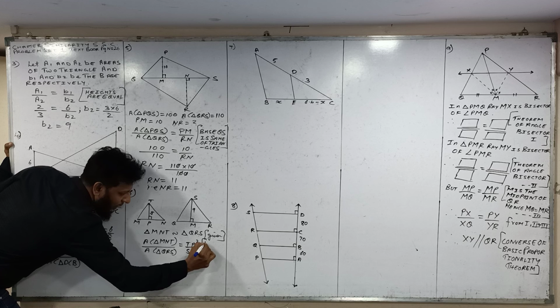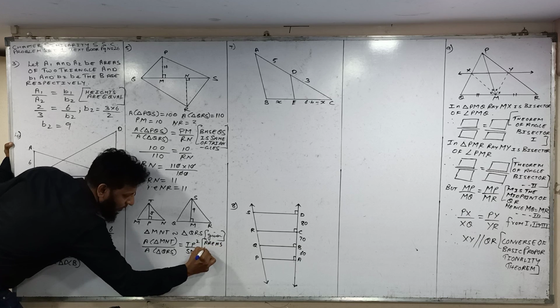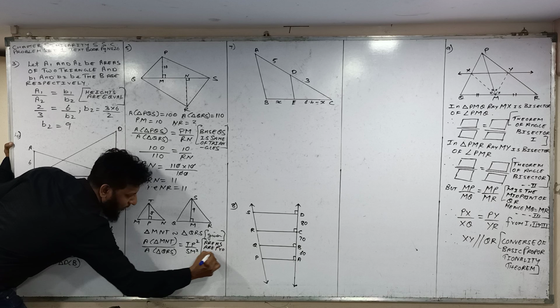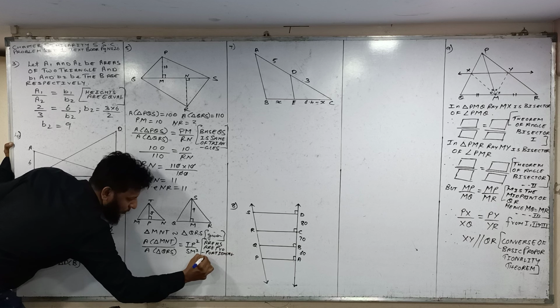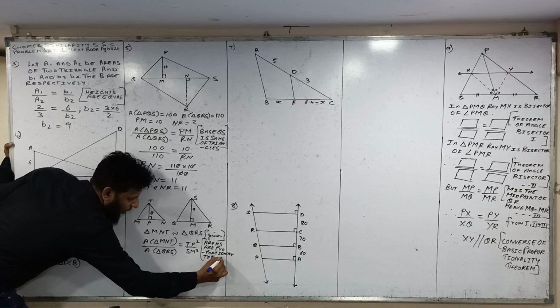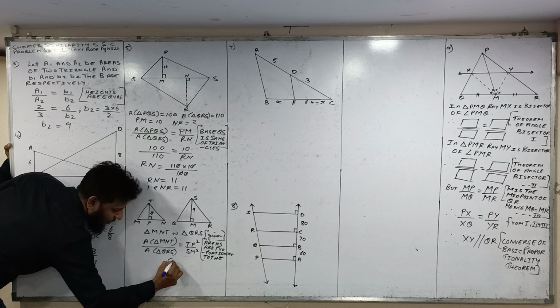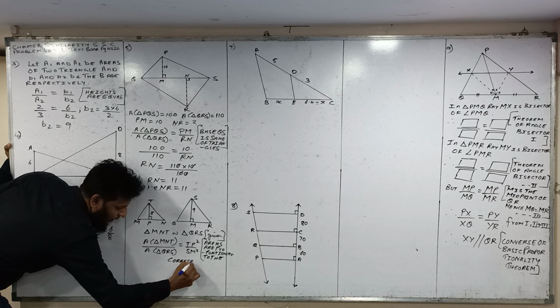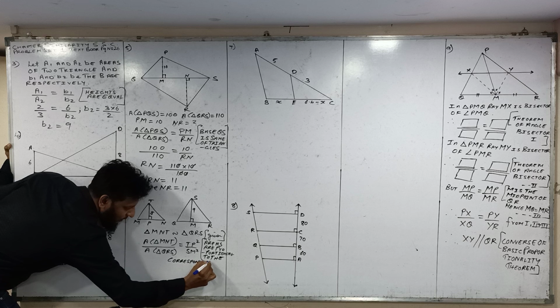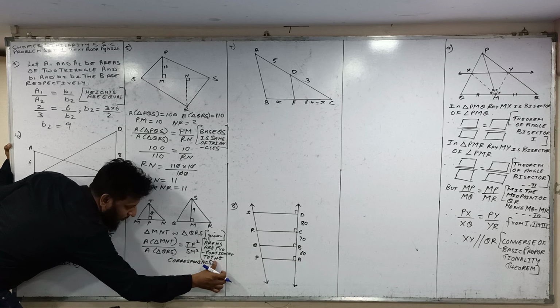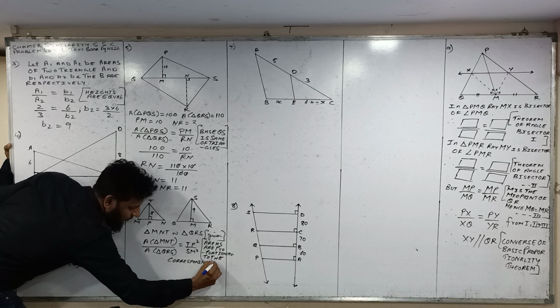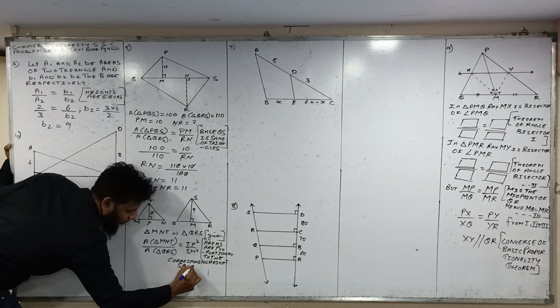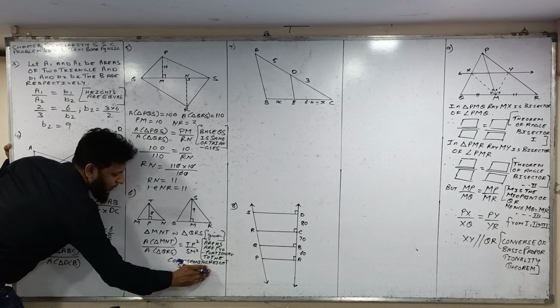We can write, areas are proportional to the corresponding side square, to the corresponding height square. So remember this, very simple.